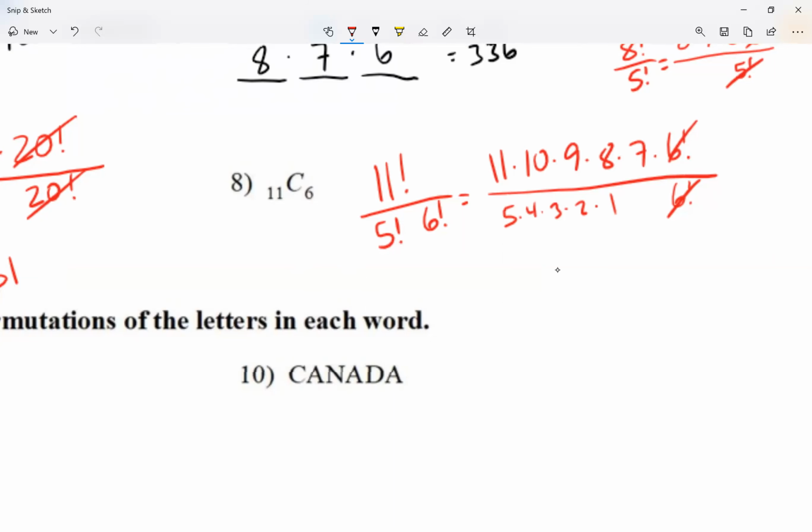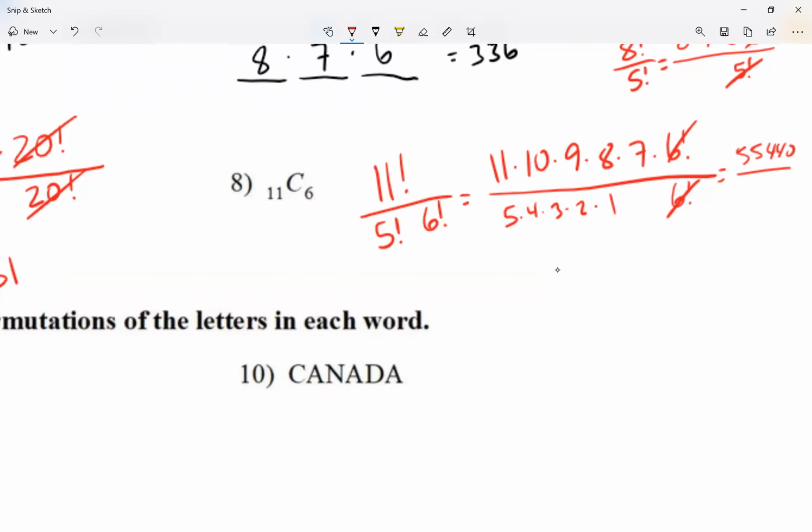Multiply the top first, then multiply the bottom. So that way you simplify the top, simplify the bottom. So what do I mean by simplified? For the top, just go 11 times 10 times 9 times 8 times 7. So it gives me 55,440.